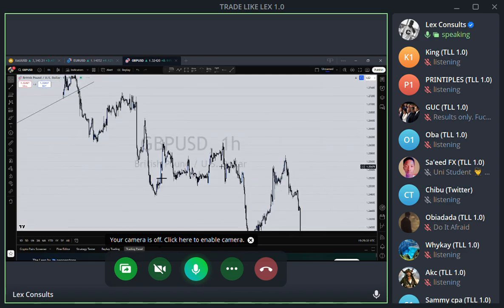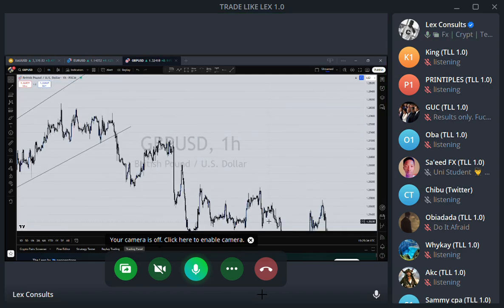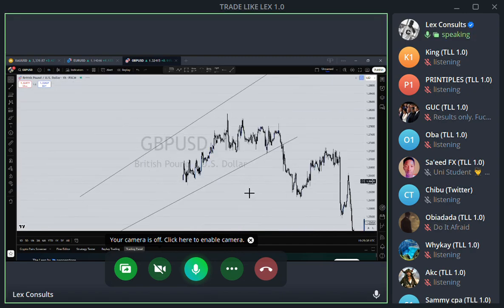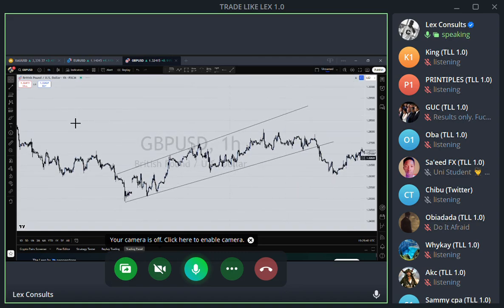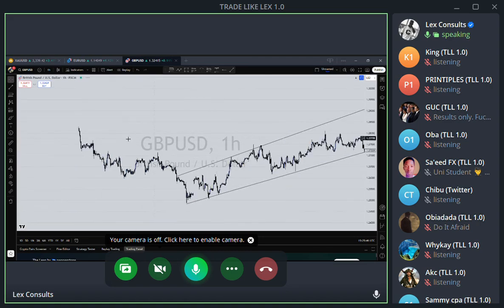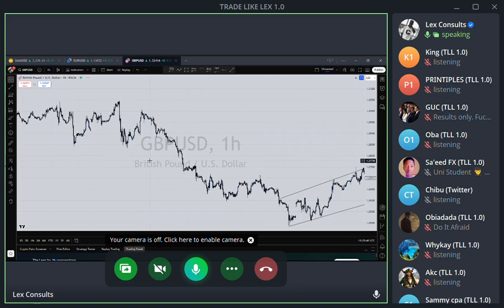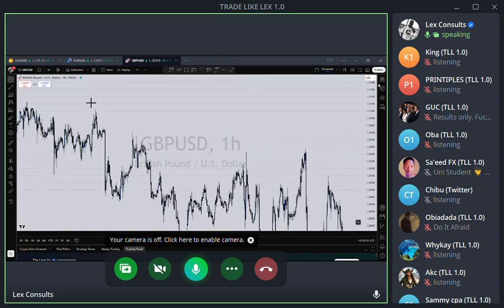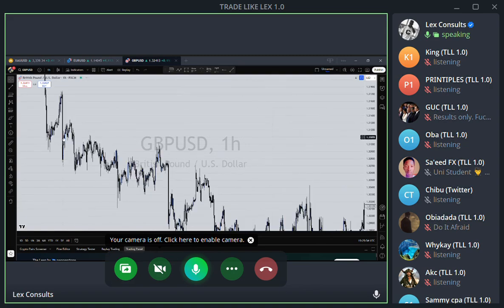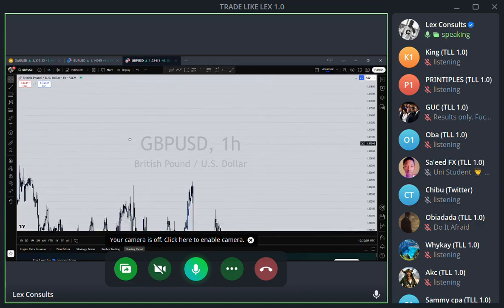The pattern that I even marked last class is still here. So you can see this is a rising wedge, and the falling wedge is like a descending resistance and descending support.